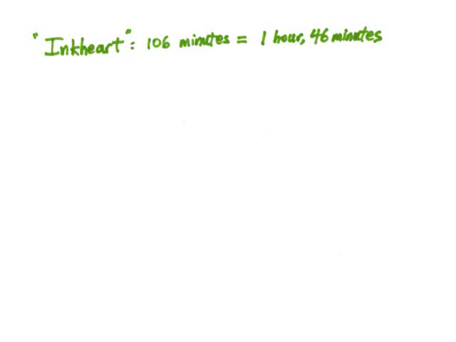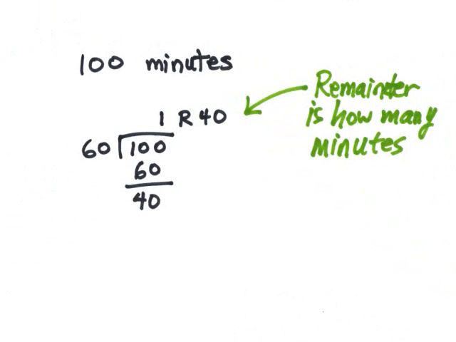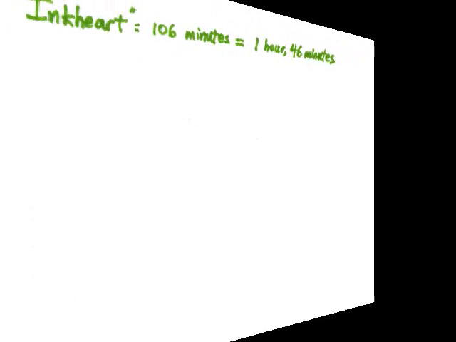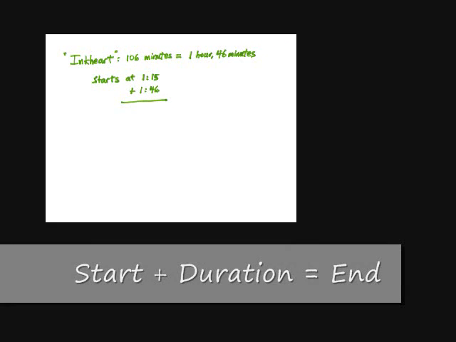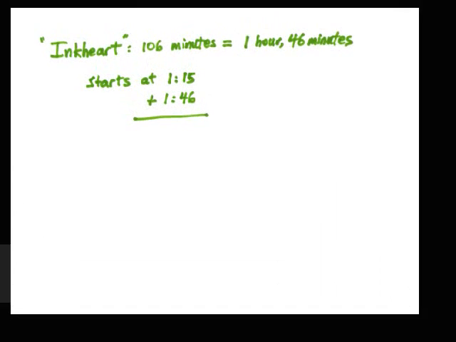If you don't remember how to compute the hours and minutes, go back to how we computed the hours and minutes for The Tale of Despereaux and follow the same procedure, except you would use 106 minutes instead of 100 minutes. Okay, so Inkheart starts at 1:15, and we want to add 1:46 to that, which is its duration, to find out what time it ends. You take the starting time plus the duration, and that will give you the ending time.